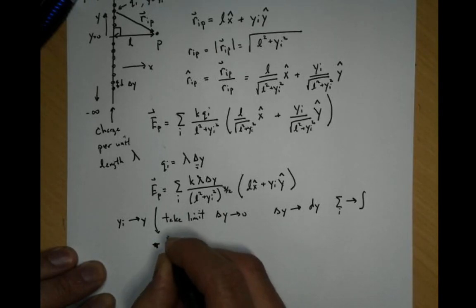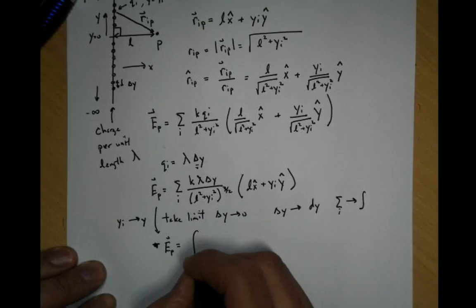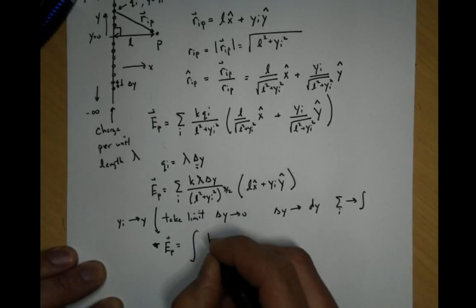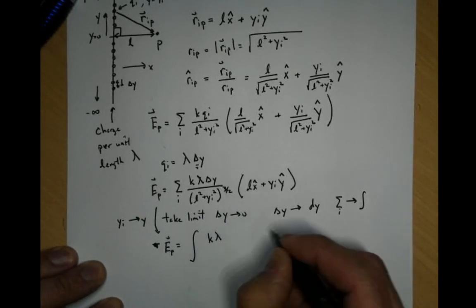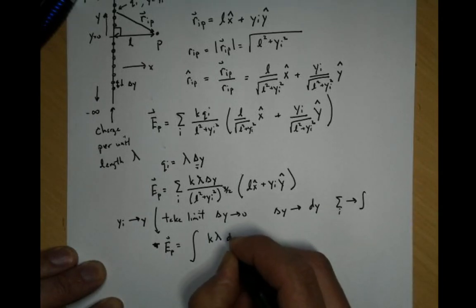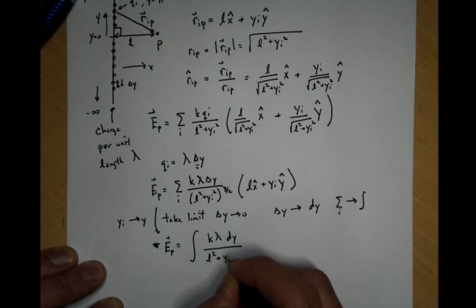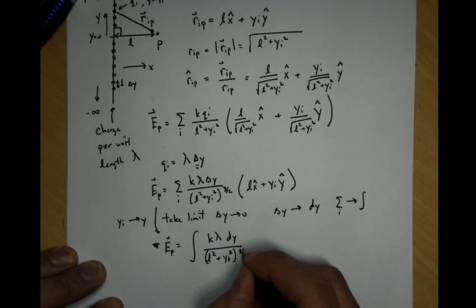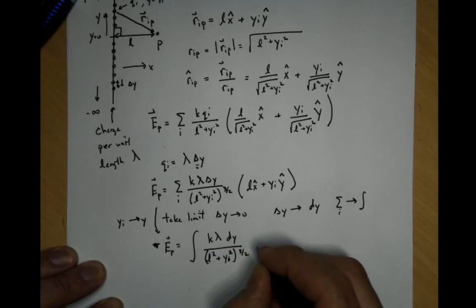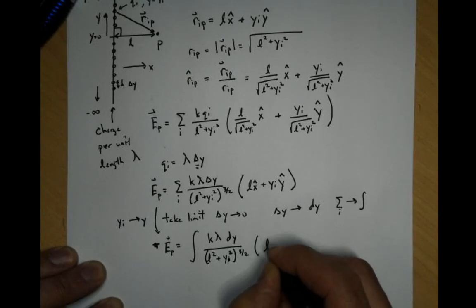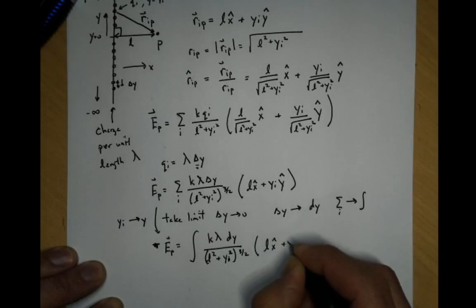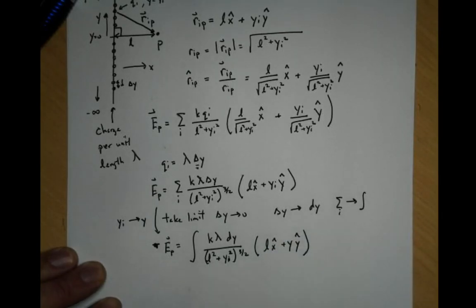So this thing now becomes E of P is equal to, now this gets shifted to an integral, k lambda, and this gets shifted over to dy, divided by L squared plus y squared, sorry, that was y squared here, not i, to the 3/2. And then it's going to be L x hat plus y y hat.